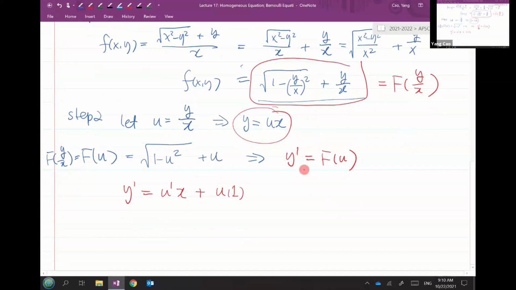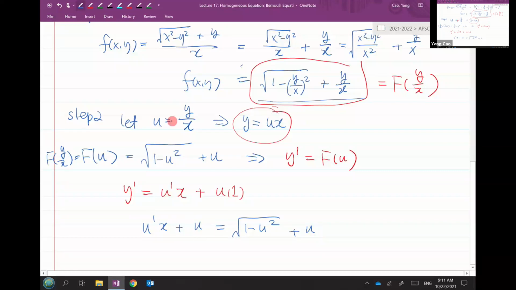So now I can rewrite this: y prime equal to f of u, into u prime x plus u, equal to this whole f of u term, which is 1 minus u squared, plus u. So the original differential equation, I don't see any y anymore. Now this time it's just the u here.